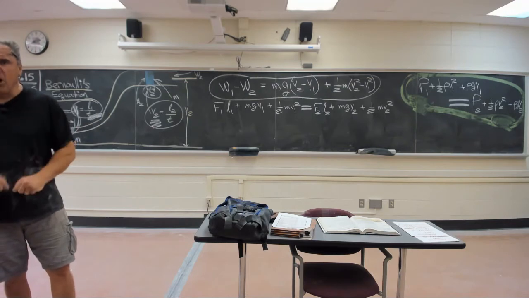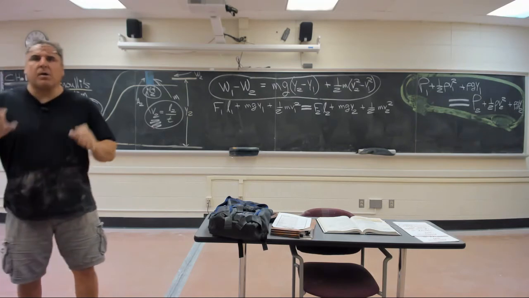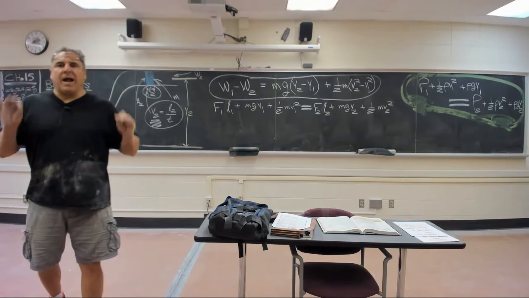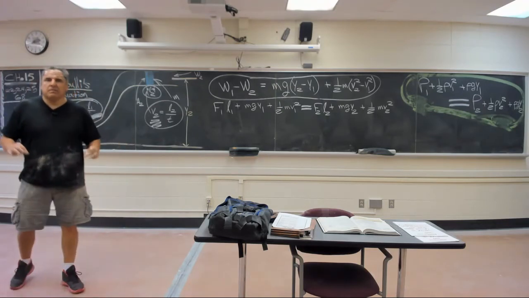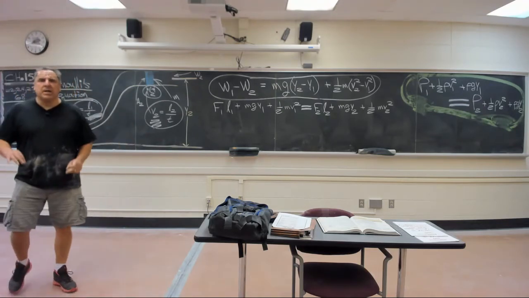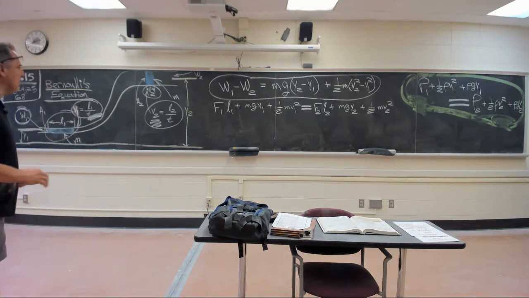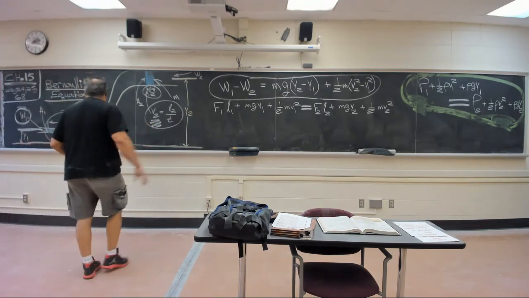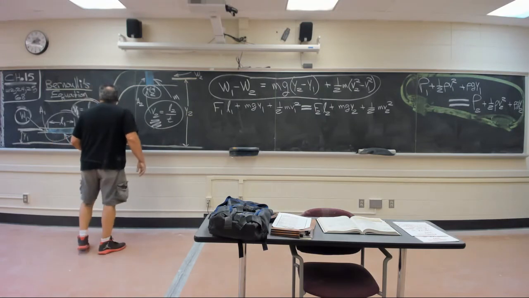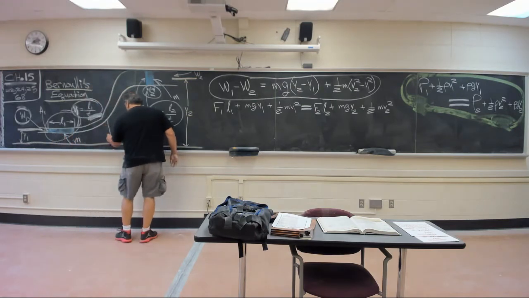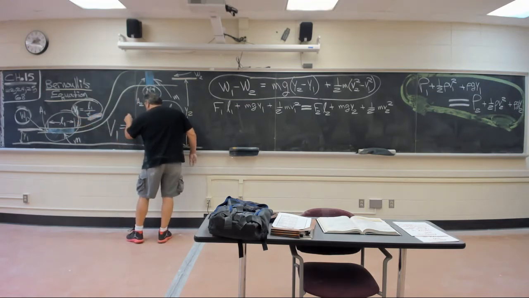For an ideal incompressible fluid, the volume flow rate is identical everywhere throughout the pipe. What does that mean? That means volume V1 over here, down there, is identical to volume V2.